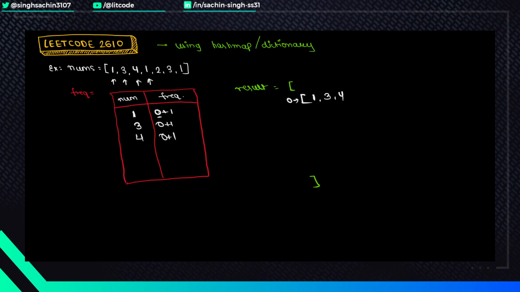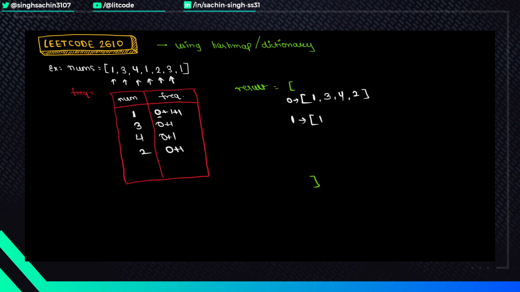So what we'll do, we will create a new row and add 1 in it, and again we will increment the frequency counter by 1. Okay, now we see 2. 2 was not here, so we add 2. It will go in the first row, and we add 1 in it.